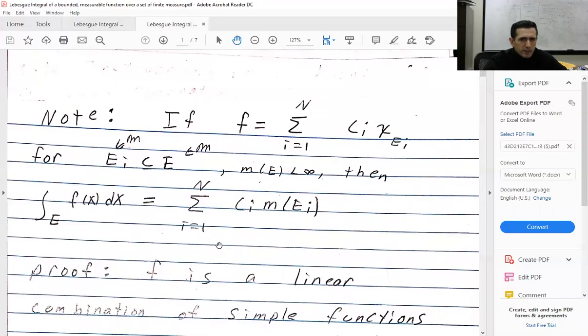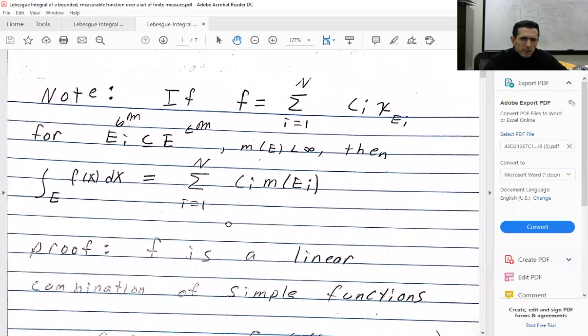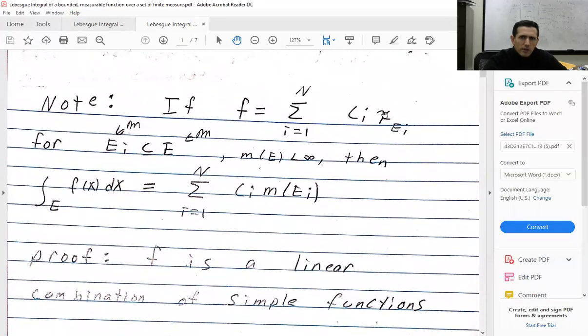The proof is just to use linearity of the Lebesgue integral for simple functions. This is writing f as a simple function. Characteristic functions are simple functions. They take on two values, 0 and 1.